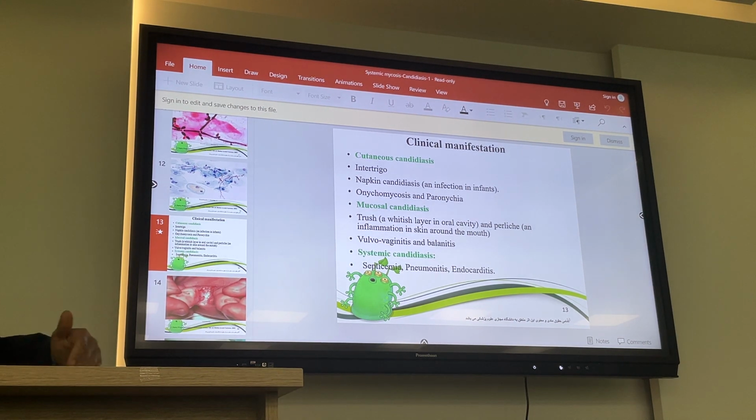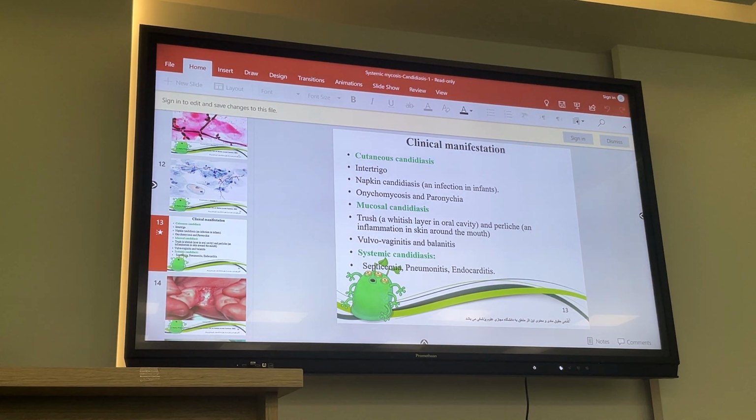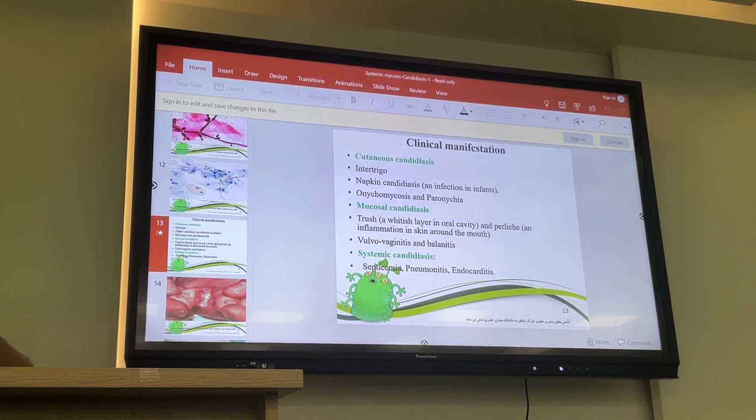It is a physiological condition. Therefore, for candidiasis, we need some condition that leads to weakness, and the Candida changes from normal flora to the pathogenic form.